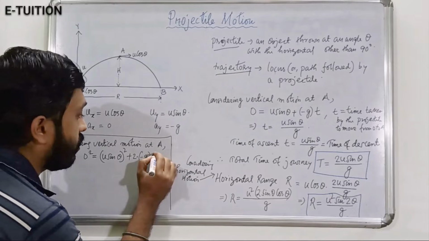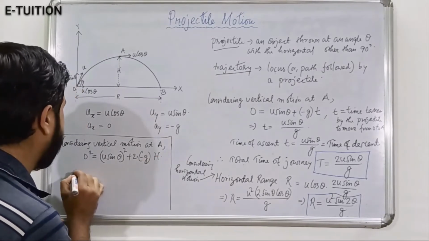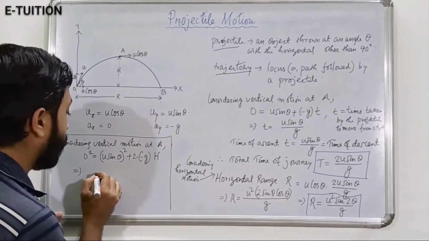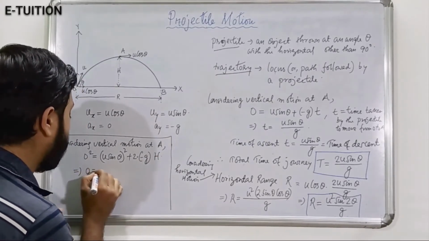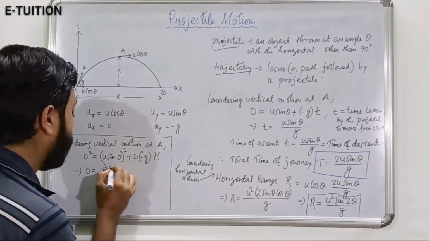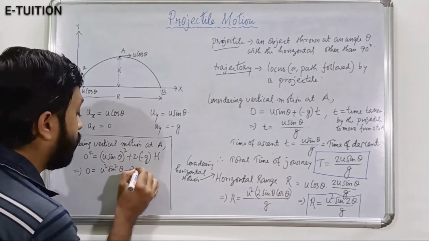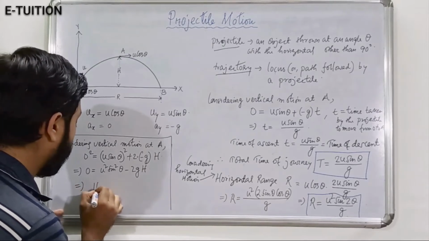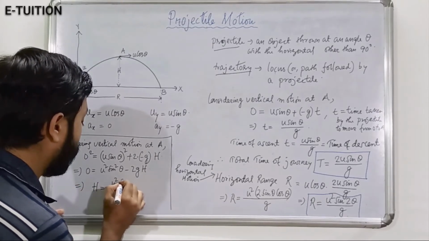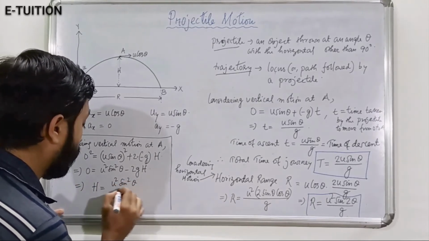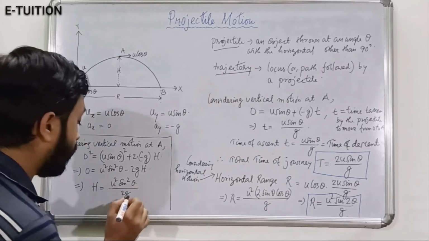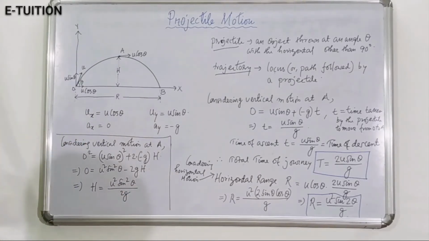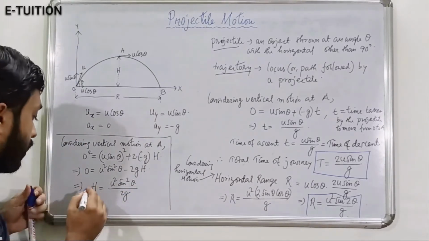We have already assumed h. So from here we are getting 0 equal to u square sin square theta minus 2gh. Okay. From here we're getting h equal to u square sine square theta by 2g. That is the expression for the maximum height ascended.